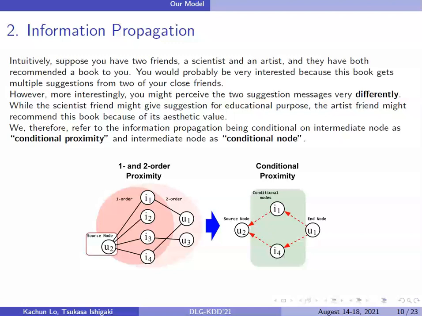While the scientist friend might give the suggestion for an educational purpose, the artist friend might recommend this book because of its aesthetic value. We therefore refer to this information propagation being conditional on intermediate nodes as conditional proximity, and the intermediate nodes as conditional nodes.